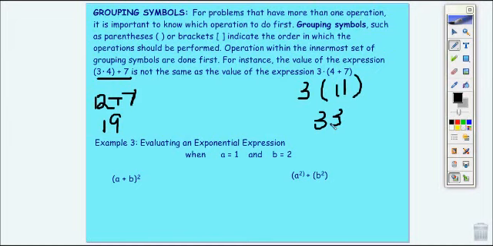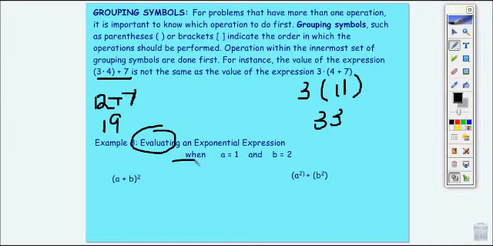So when we evaluate an exponential expression, again, evaluate, so you see your word when, means we're going to do some substituting. So we're going to use the same variables, but different grouping symbols. In the first one, we're going to do a plus b in the grouping symbol.